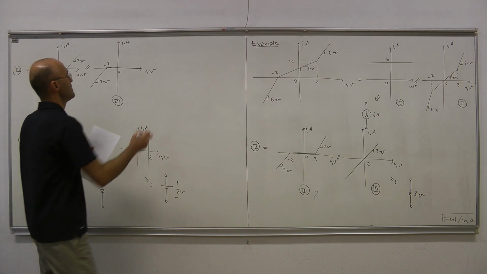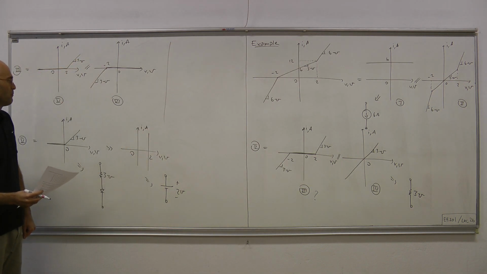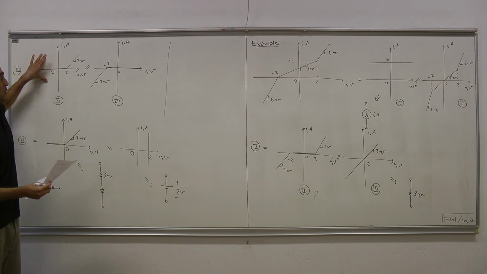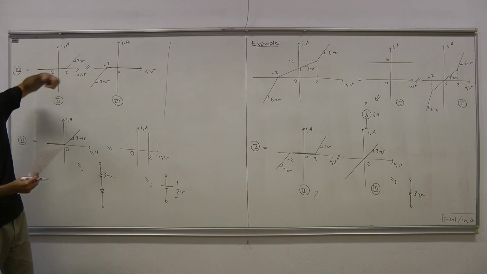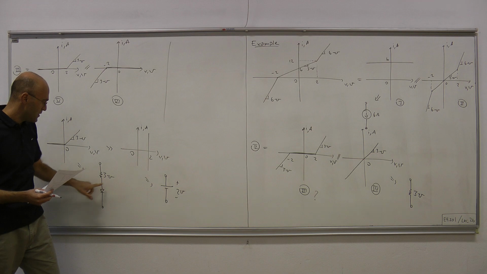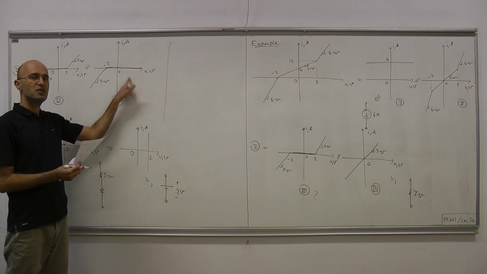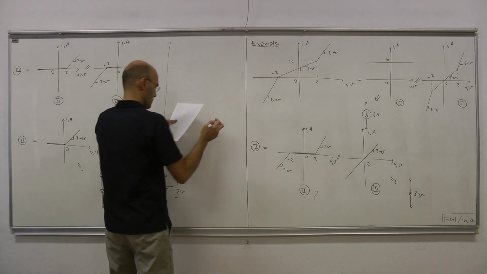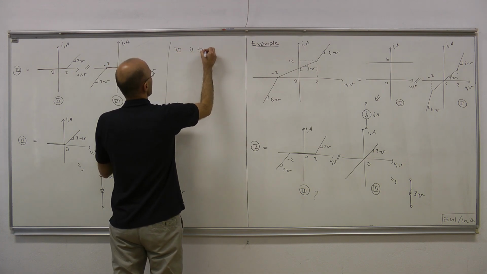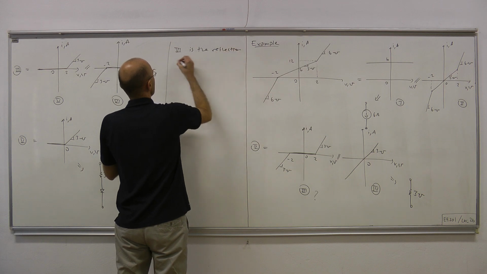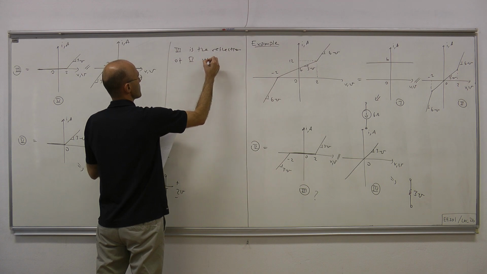Okay. And therefore this connected in series with a 2 volt battery gives us this IV curve, and this IV curve is the symmetric of this, or reflection of this, with respect to the origin. Therefore, combine this and that in series and reverse it 180 degrees, and it gives you this IV curve. Okay. So 6 is the reflection of 5 with respect to the origin.